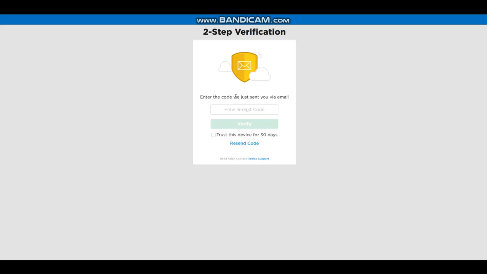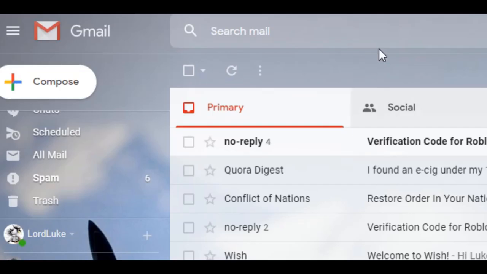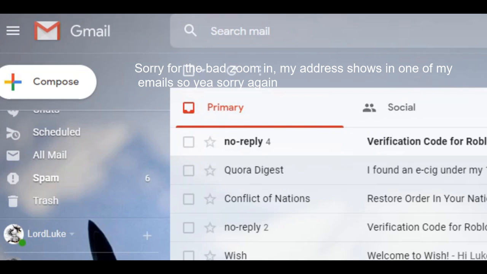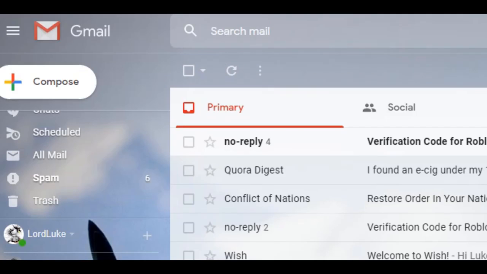So how I fixed it was I contacted Roblox. I was like, hey, the two-step verification isn't working on my account, and they're like, tell us your Roblox name and stuff.